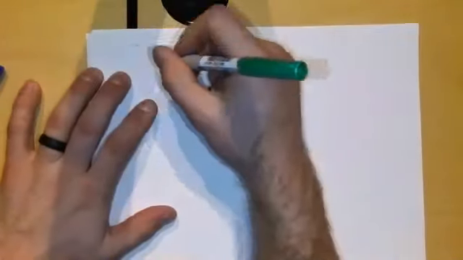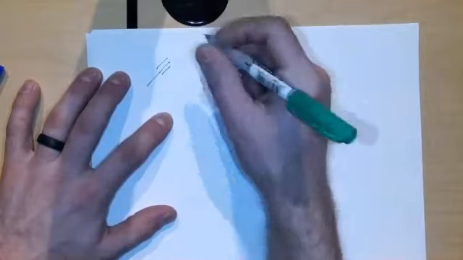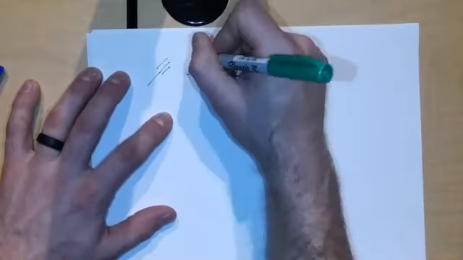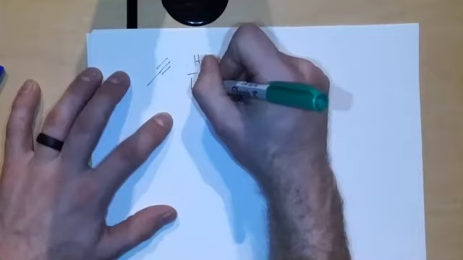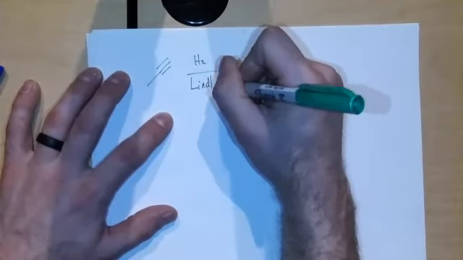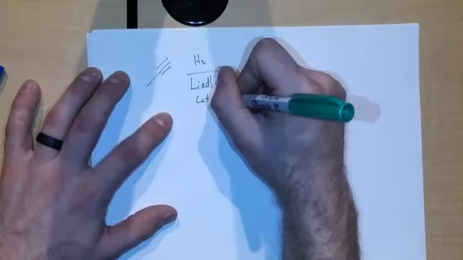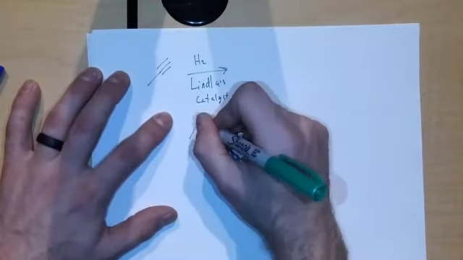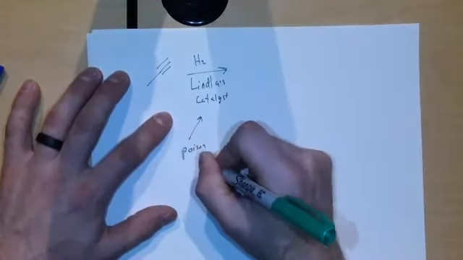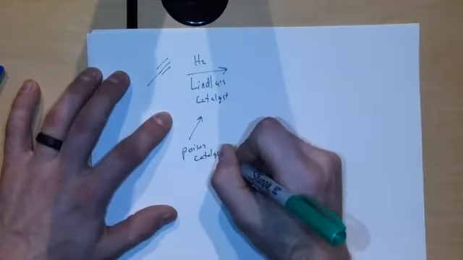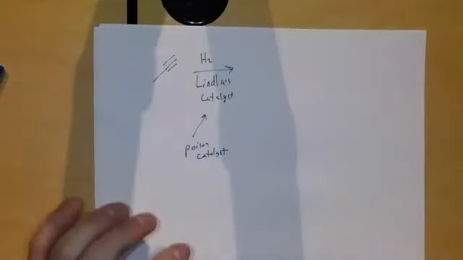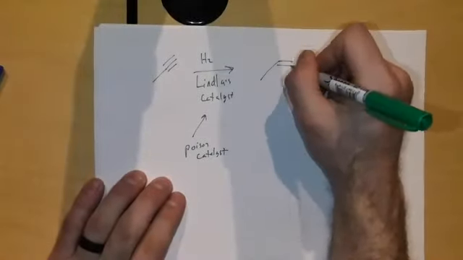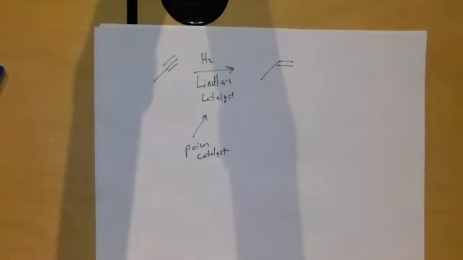The one we use is called Lindlar's catalyst. So if you were to add H2, essentially what this is going to do is stop your reaction at the halfway point.